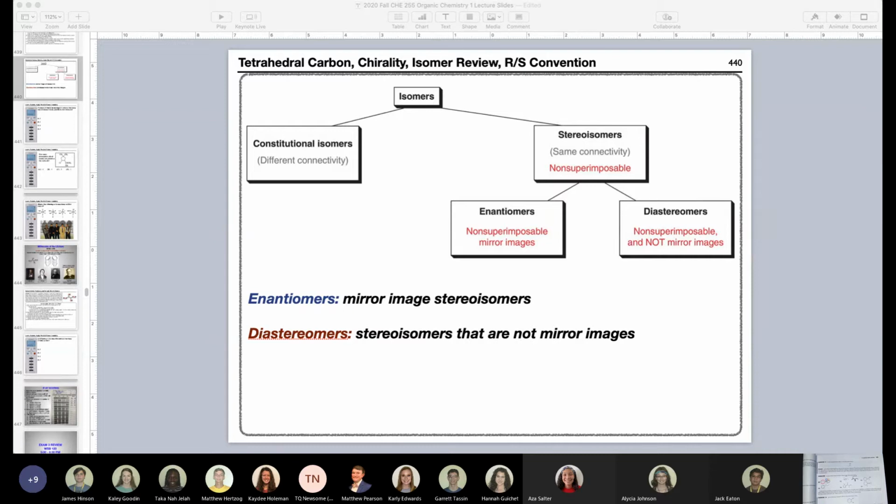So for this enantiomer as drawn, what is the R or S designation? So Aiden and James say R.